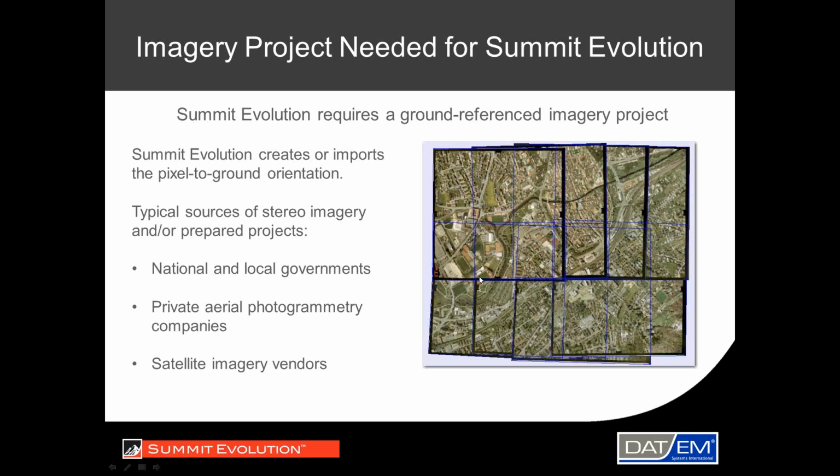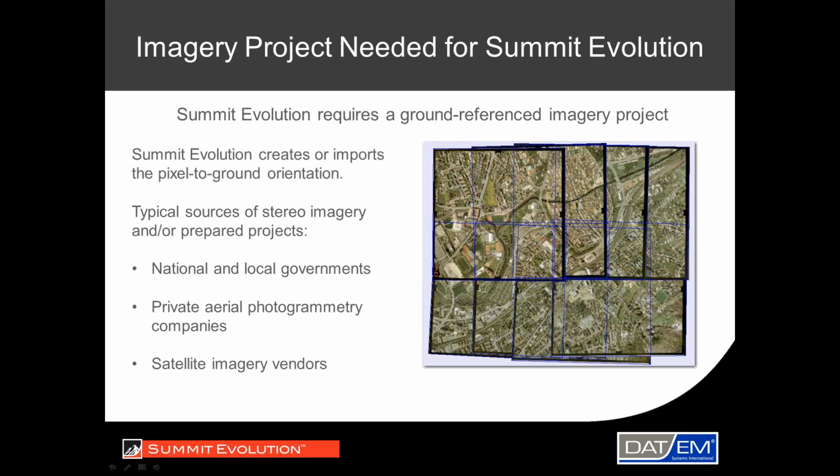Let's talk about the imagery that you get for Summit Evolution. Most projects that people want to work with are in stereo, and so that's typically aerial imagery from an aerial camera, but it can be RPC satellite imagery or specialty sensors such as the ADS-40 or ADS-100 now, and the VisionMap A3 camera.